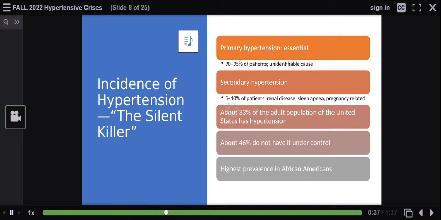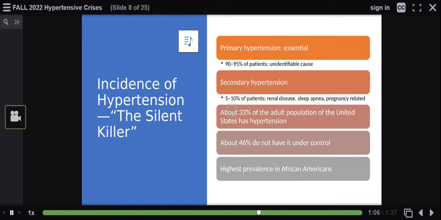And now, what are the two categories of hypertension? We do have essential and secondary. Essential, also called primary hypertension, happens to 90 to 95% of patients, and as I mentioned, there is no identifiable cause for this. Secondary hypertension happens to 5 to 10% of patients, and it has underlying causes.